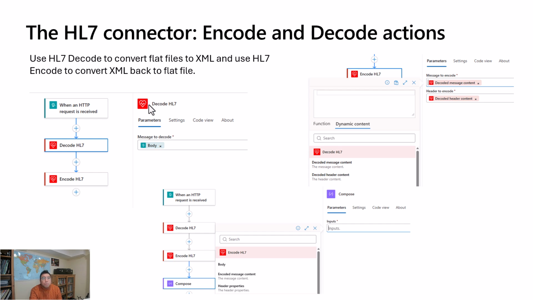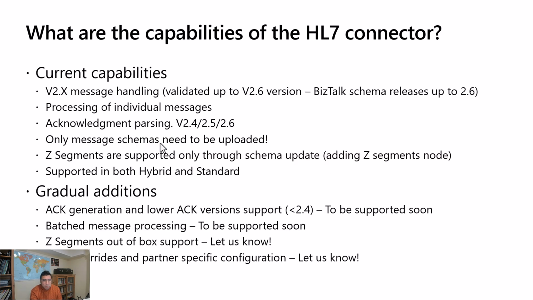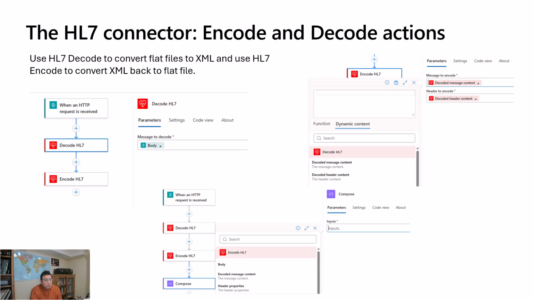For the decode operation that you see here, we receive as input a flat file HL7 message. In this image, you see that I'm reading the body from this HTTP trigger that is getting data when you call this endpoint.